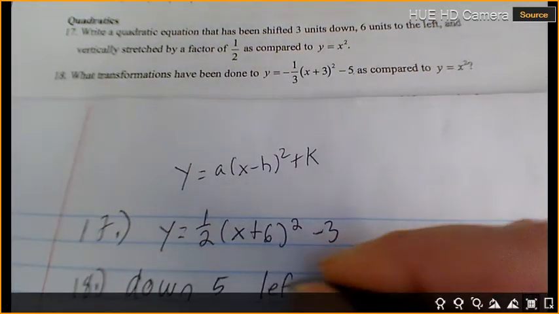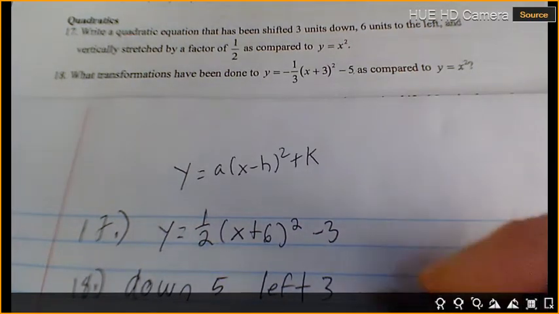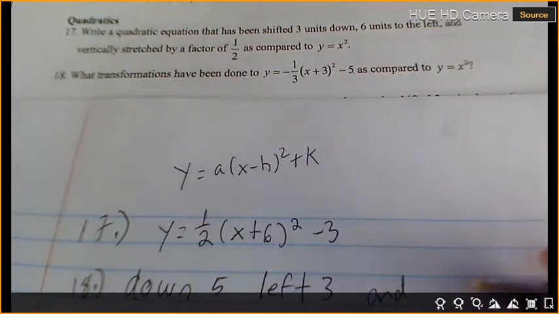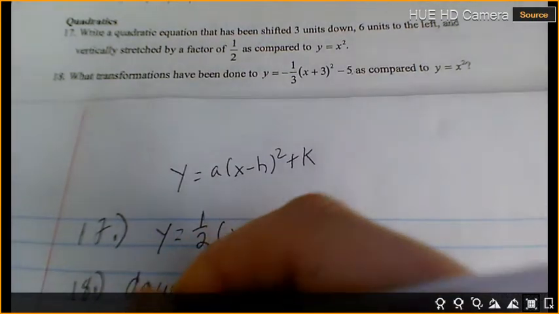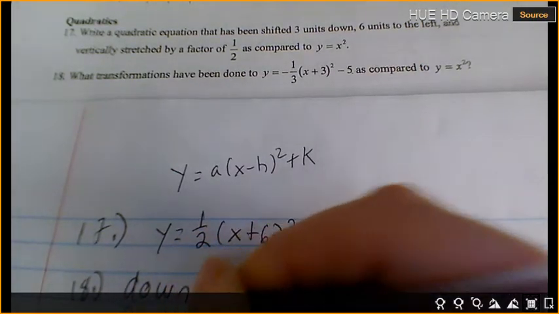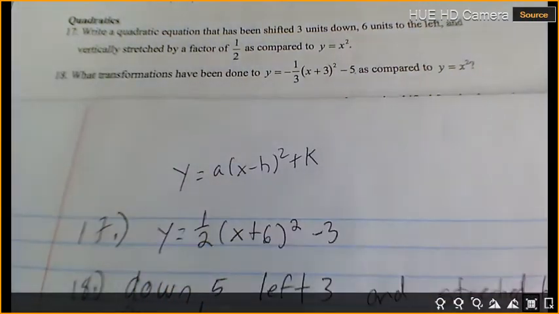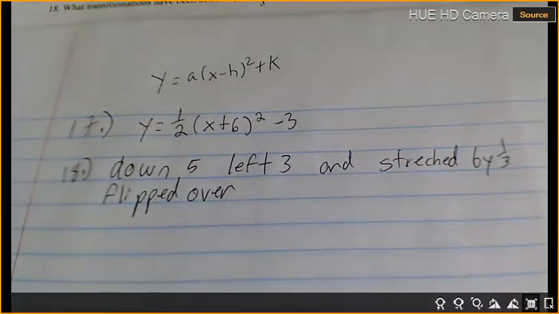Left 3. Remember, it's the opposite. And stretched by 1/3, and we have to put it was flipped over. That negative means it's flipped over. So it should be down 5, left 3, stretched by 1/3, and flipped over.